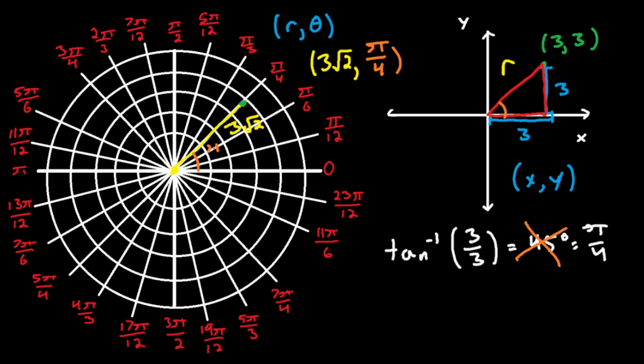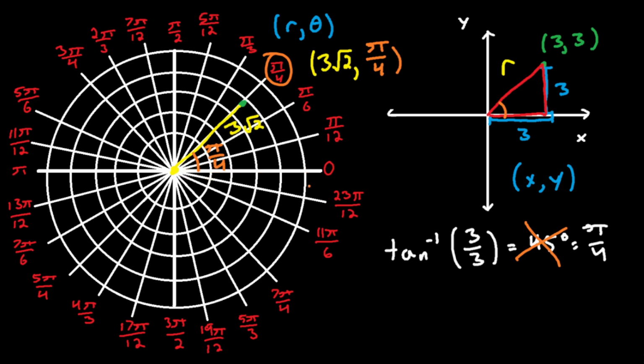In this case, it was pi over 4, which makes sense because we actually drew this point along the pi over 4 line in the polar coordinate. This line right here represents pi over 4 radians, and this line made an angle of pi over 4 radians with the positive horizontal axis.